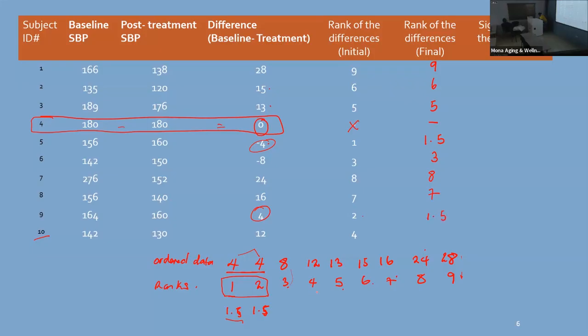And then 12 will still have a rank of 4. So the only change is for those that had similar magnitudes. These are the only change that are there.